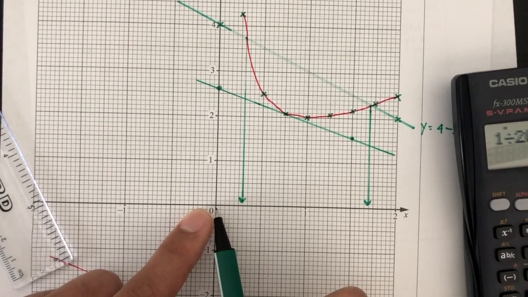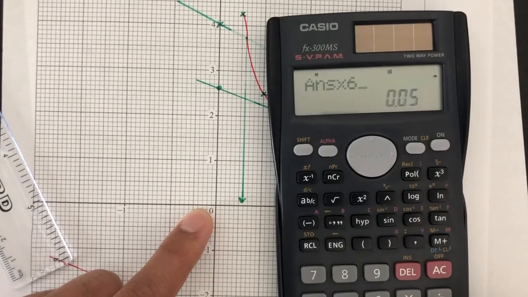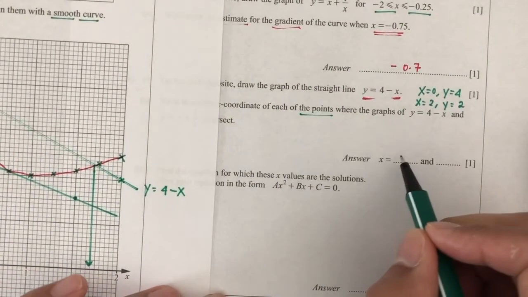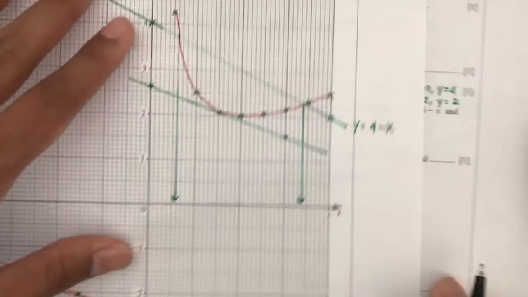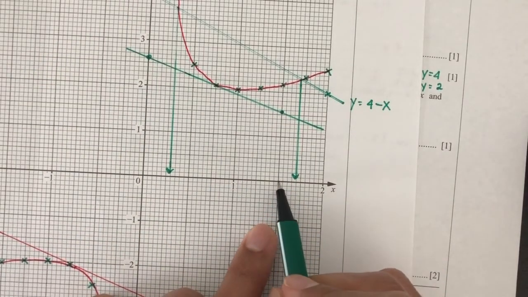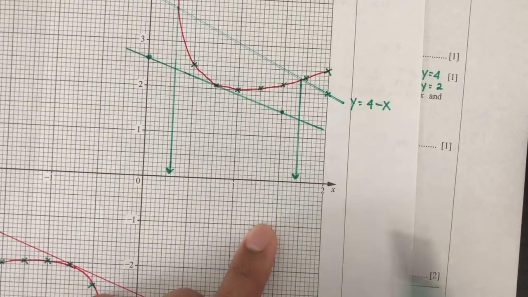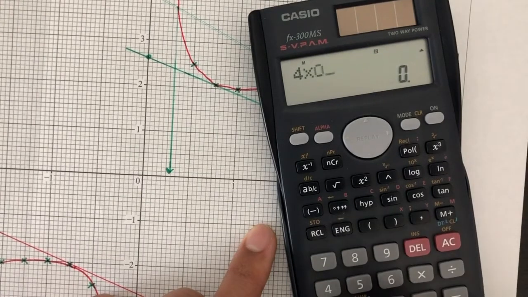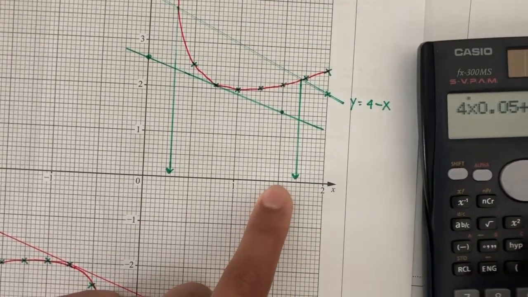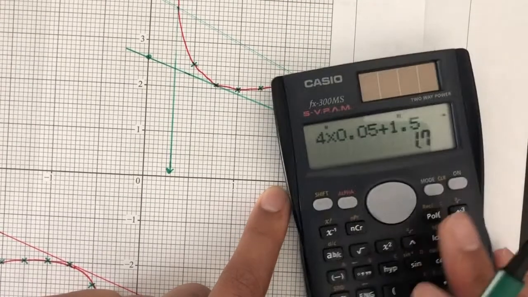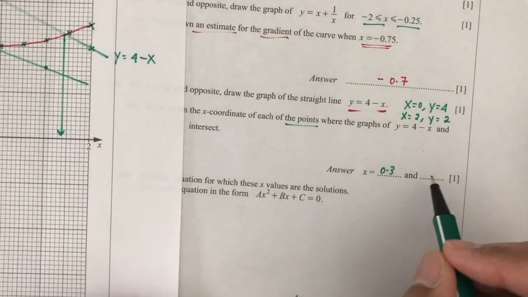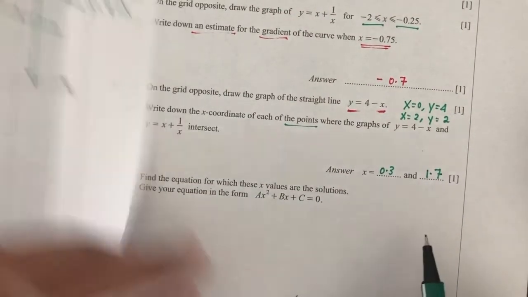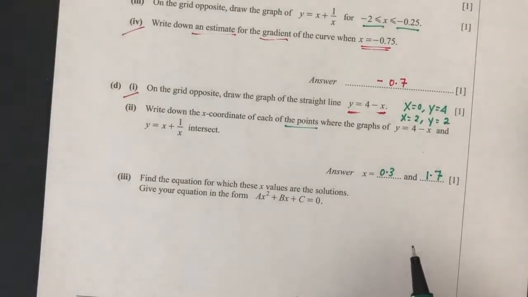So we count 1, 2, 3, 4, 5, 6, so times 6 will be 0.3, so the first answer will be 0.3. And this one, let's count, so we have 1, 2, 3, 4, so 4 times 0.05 plus this one is 1.5. That will be 1.7. So your two values will be 0.3 and 1.7 for the x coordinates.